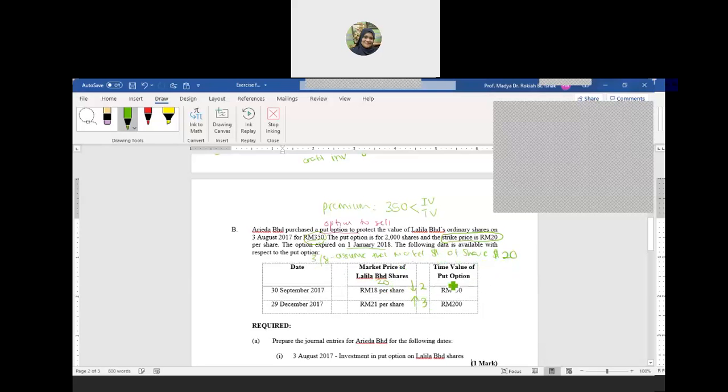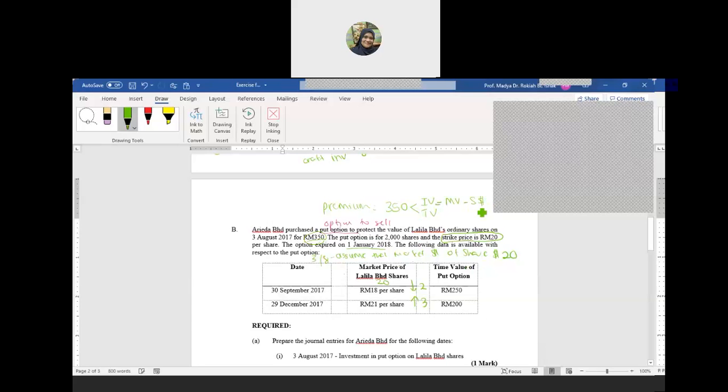For the time value of the option, we start with the date when you purchase the put options, the premium here is 350. During that date, we assume that the intrinsic value is the market value minus the strike price.